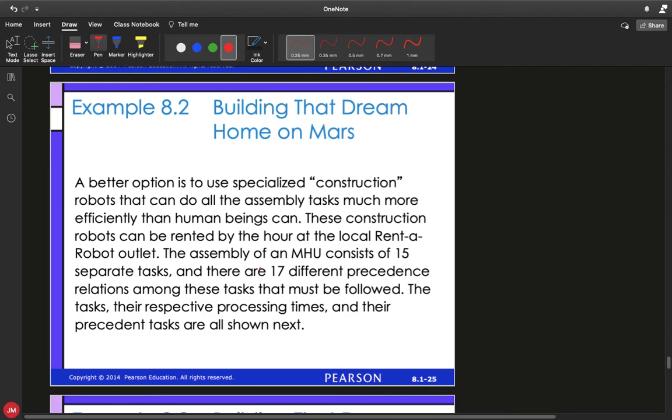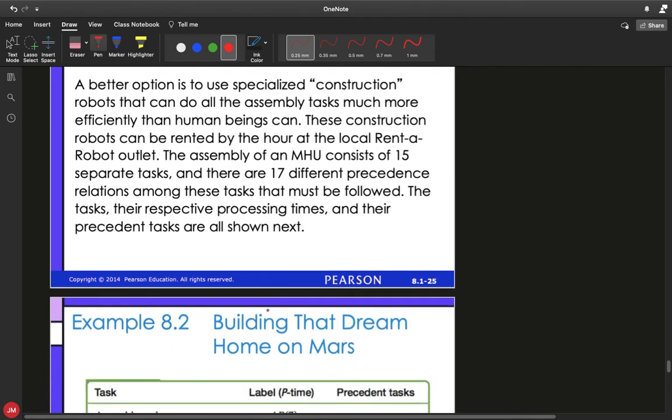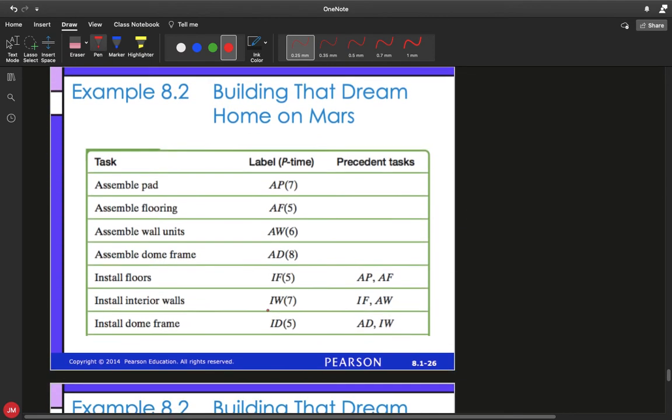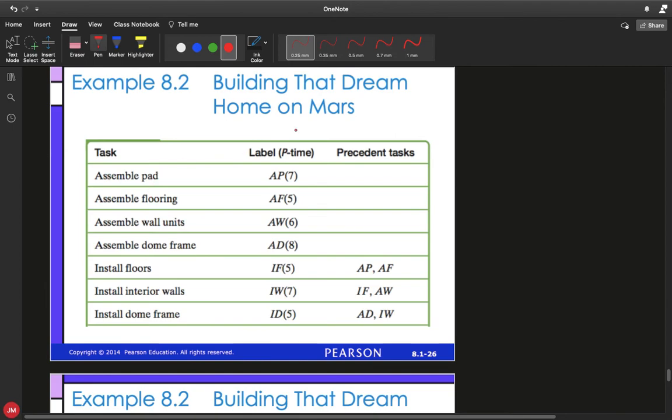The assembly of an MHU consists of 15 separate tasks and 17 different precedence relations. The tasks, their respective processing times, and their precedent tasks are all shown on the next couple of slides. So here are all the tasks that are going to happen, as well as their labels and their processing times, as well as any precedent tasks.